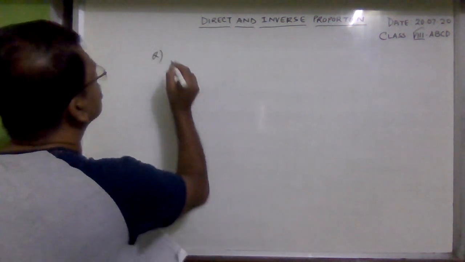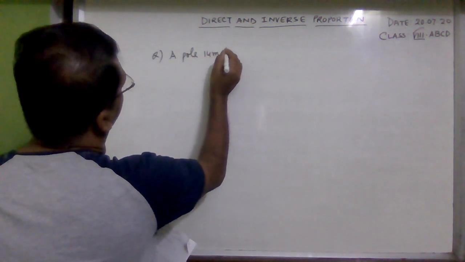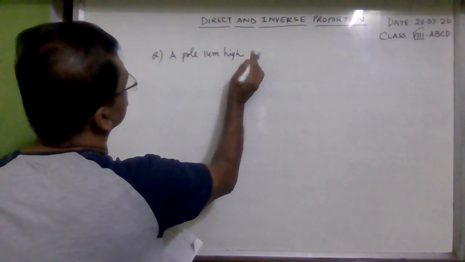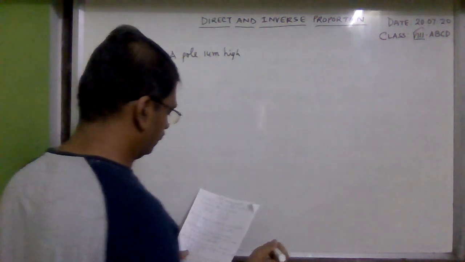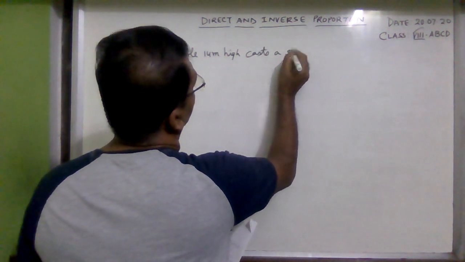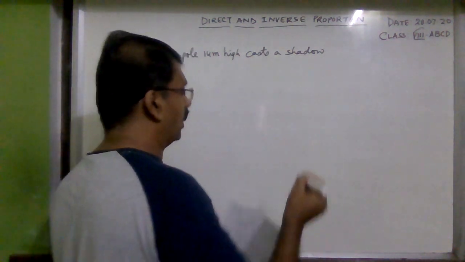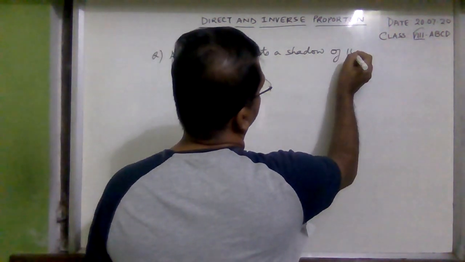A pole 14 meter high casts a shadow of 10 meters.